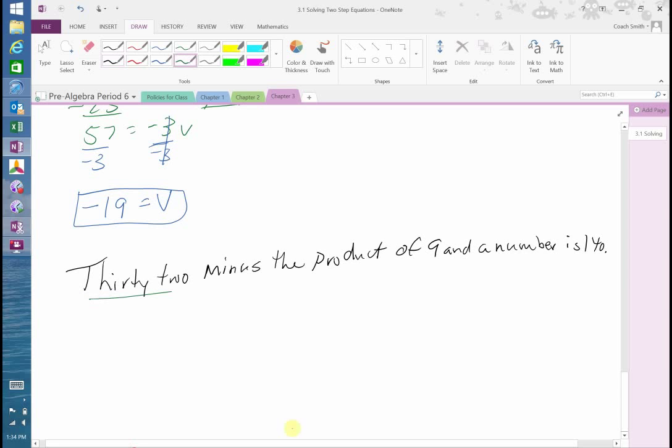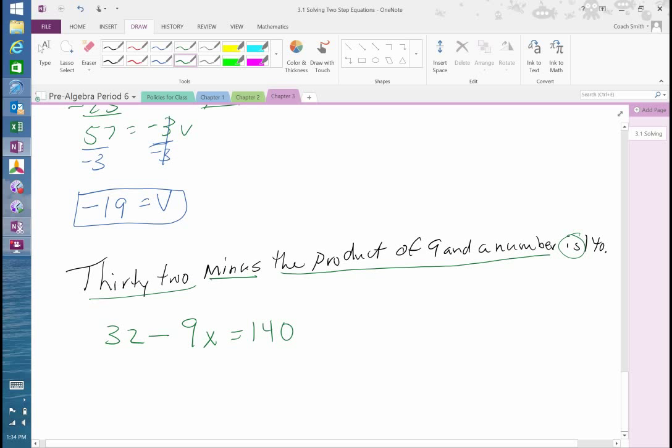So 32 obviously is 32 minus the product of 9 and a number. How do we write the product of 9 and a number? Yeah, 9G, 9X, 9A. So 9X equals 140.